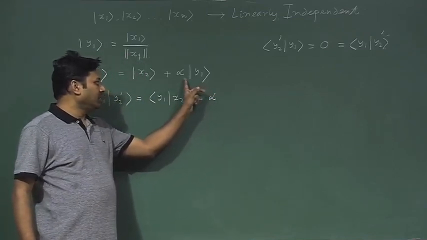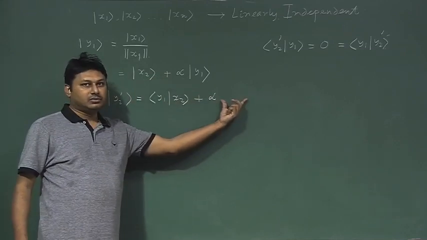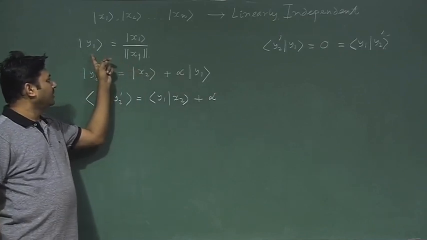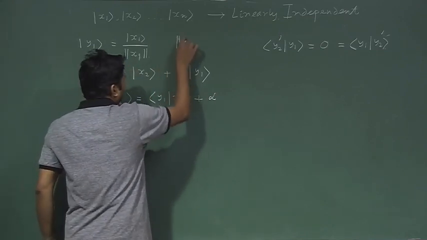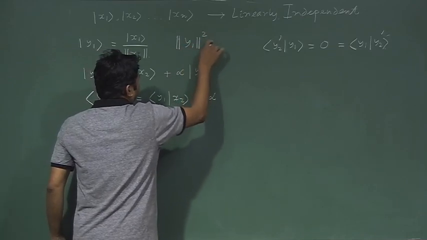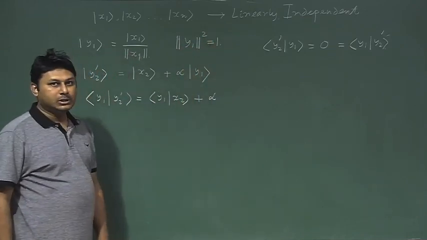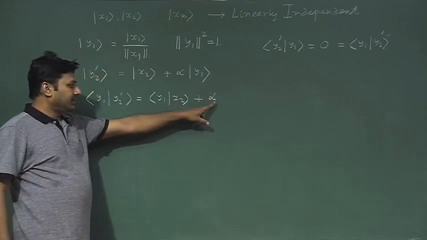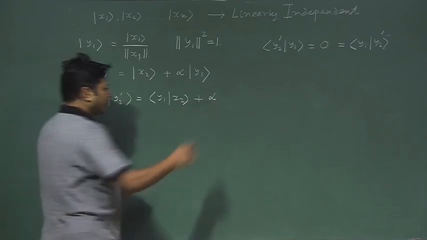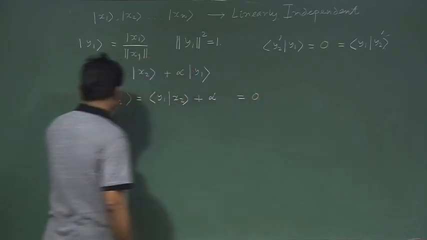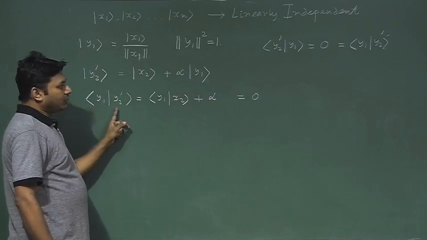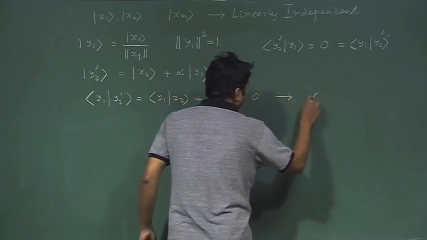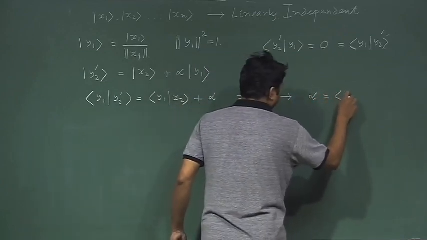Because now the y1 dot y1 term will come here, which is the mod of y1 squared, and here I find that mod of y1 squared is 1. So I know that this quantity is 1. Now my demand is that alpha will be such that this quantity is equal to 0, because I want y1 and y2 to be perpendicular to each other. From here readily I find my alpha, which is minus y1 dot x2.